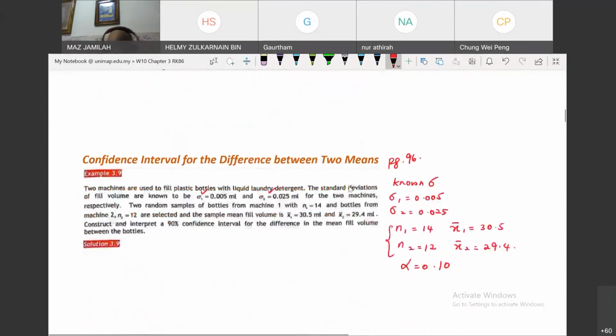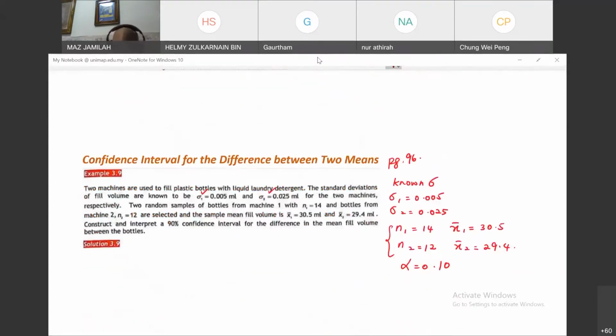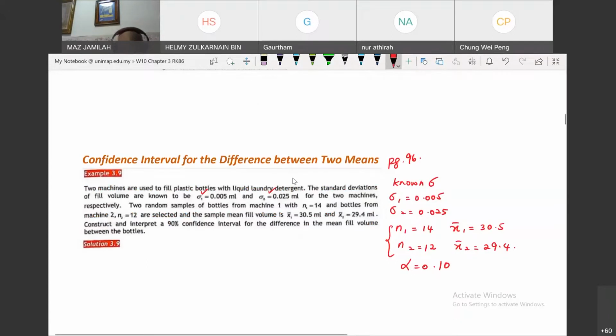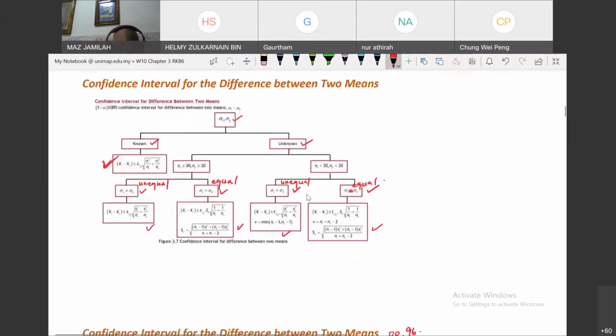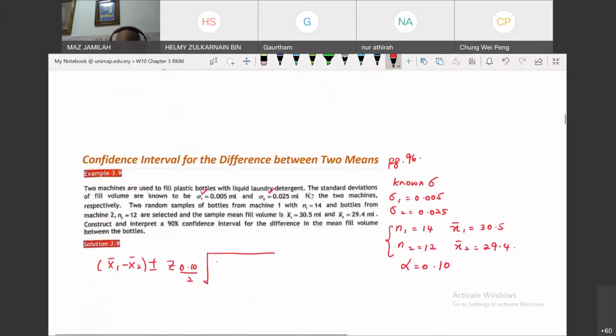Okay, so then we know that our CI would be X bar 1 minus X bar 2 plus minus Z alpha over 2 times the square root of sigma 1 squared over N1 plus sigma 2 squared over N2.